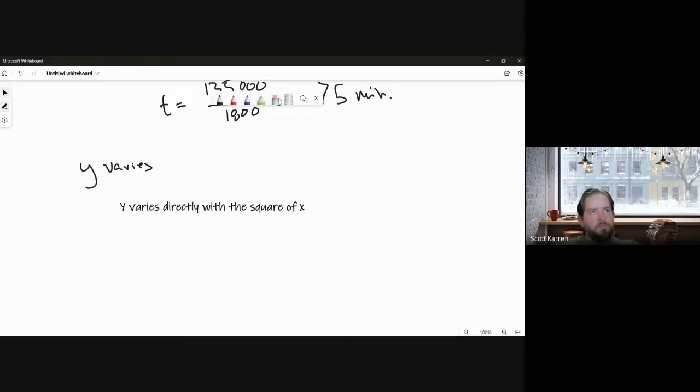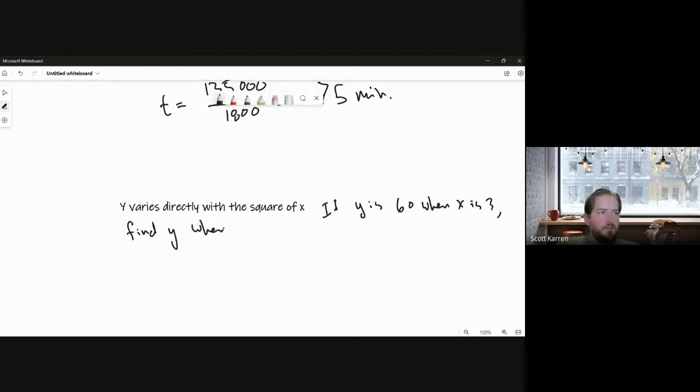Okay. So if y varies directly with the square of x, and we'll probably have more information, let's say if y is 60 when x is 3, then find y when x is, let's say, 2.